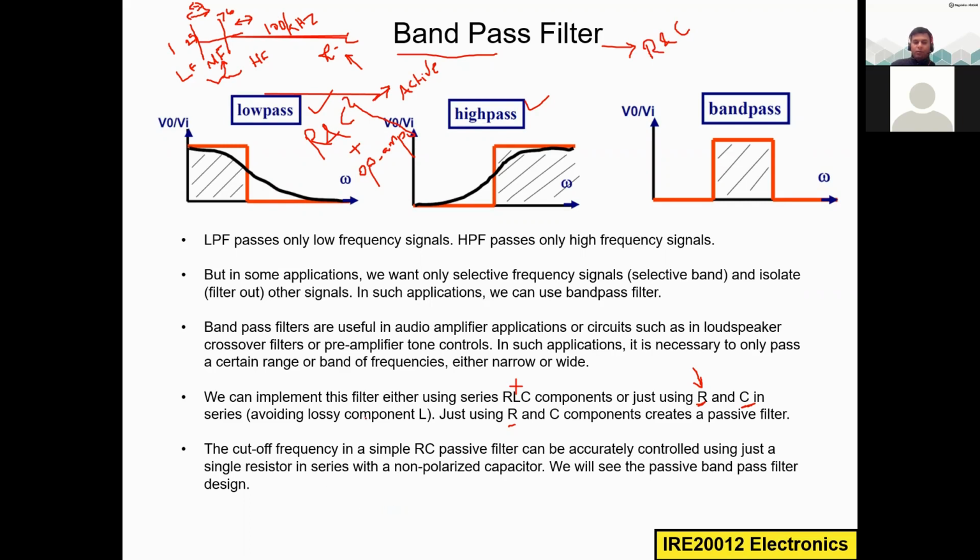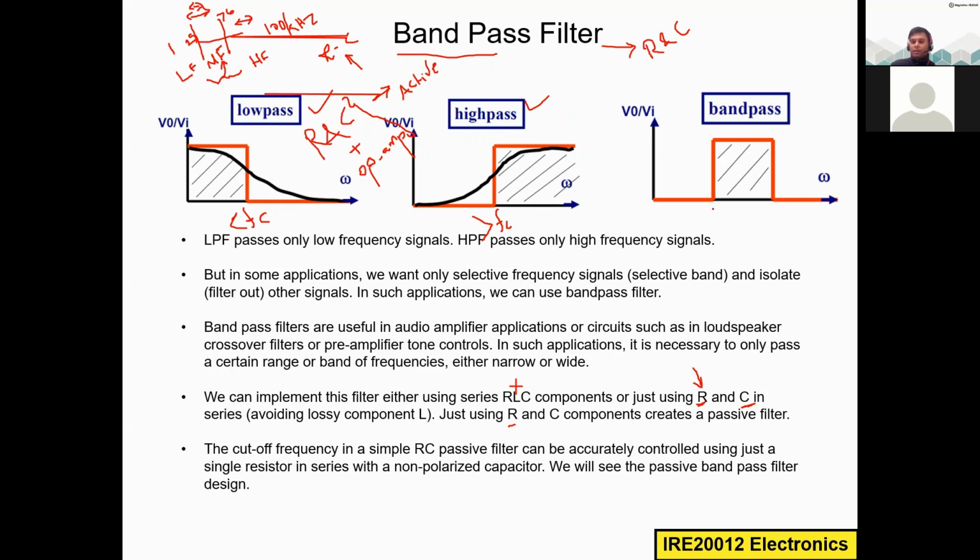Here also we have cutoff frequency. In the low pass, we have cutoff frequency FC, and in the high pass, we also have the cutoff frequency FC. Whatever frequencies are less than FC can pass through the low pass filter. Here, whatever frequencies are greater than this FC cutoff frequency will pass through the filter. That is the working principle of these low pass and high pass filters.